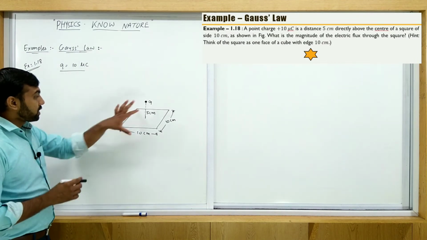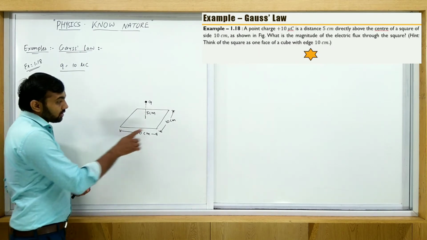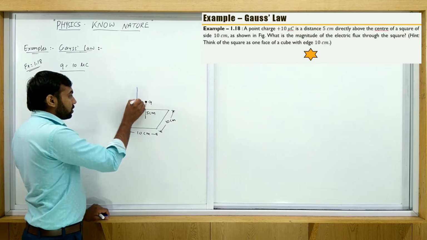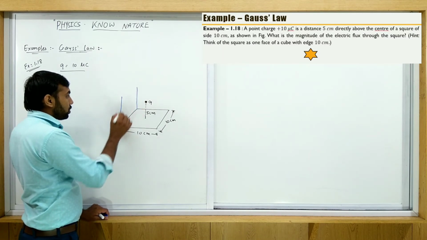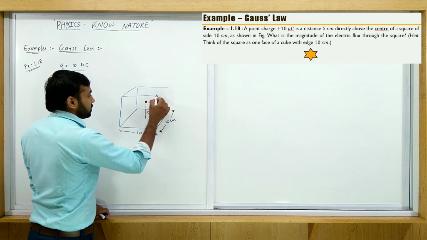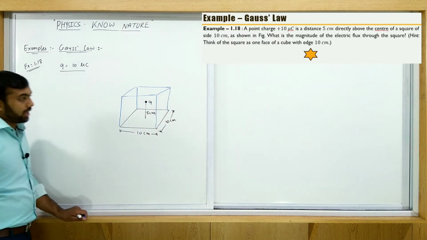First of all, draw one symmetrical figure here. A 10 by 10 square is given. So draw a cube in such a way that this charge Q is at the center of the cube, like this.